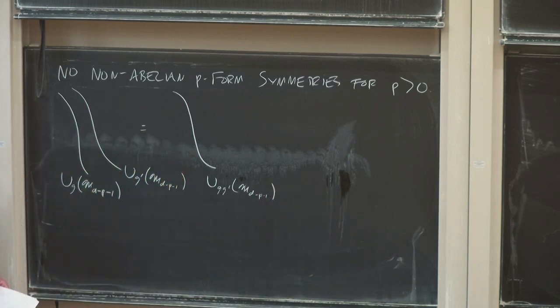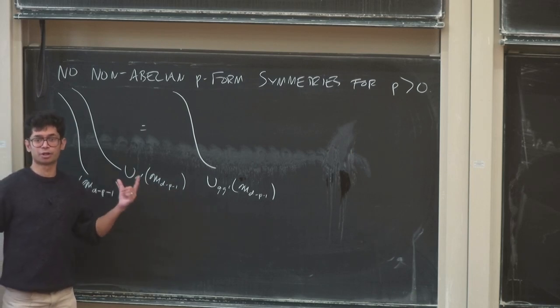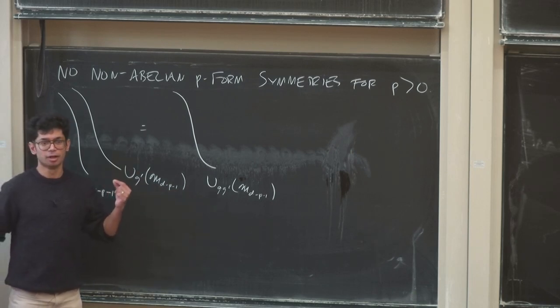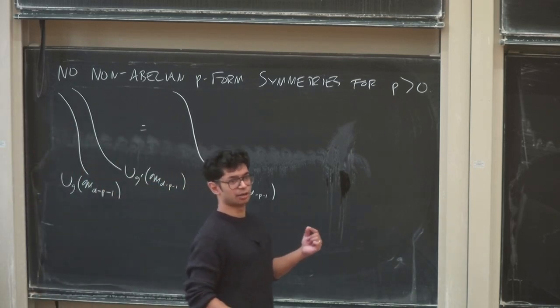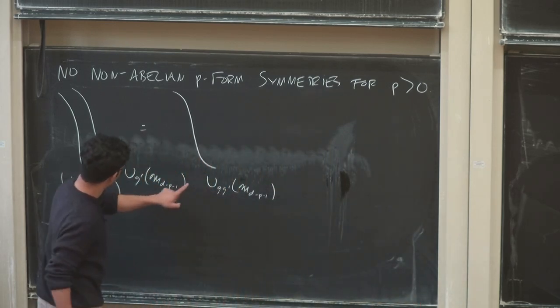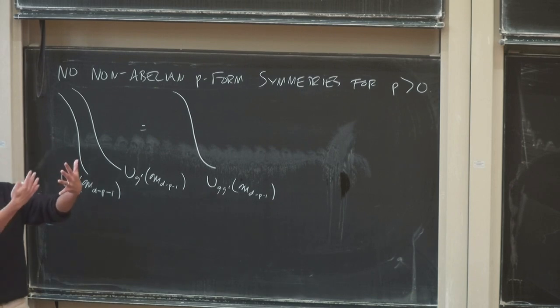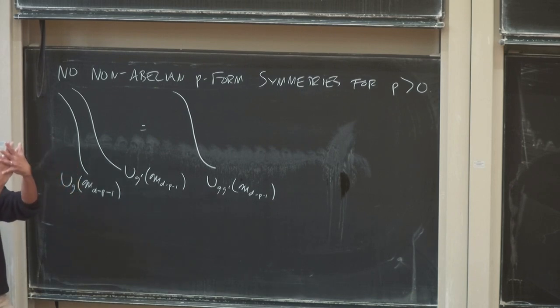This is the natural fusion law that I have to have when I compose two of these things. But now notice that there's something different in the p-form case, because there is no ordering of u sub g and u sub g prime. In the codimension 1 case, I could really say one of them is in front of the other. But in the higher codimension case, there is no way to say that one is in front of the other.